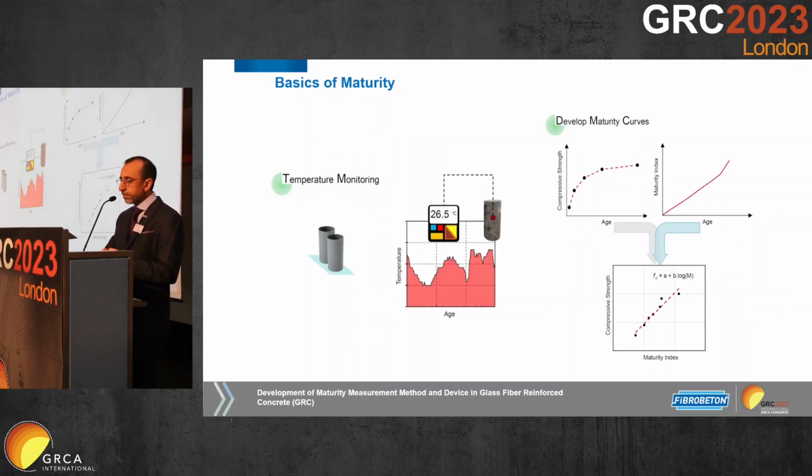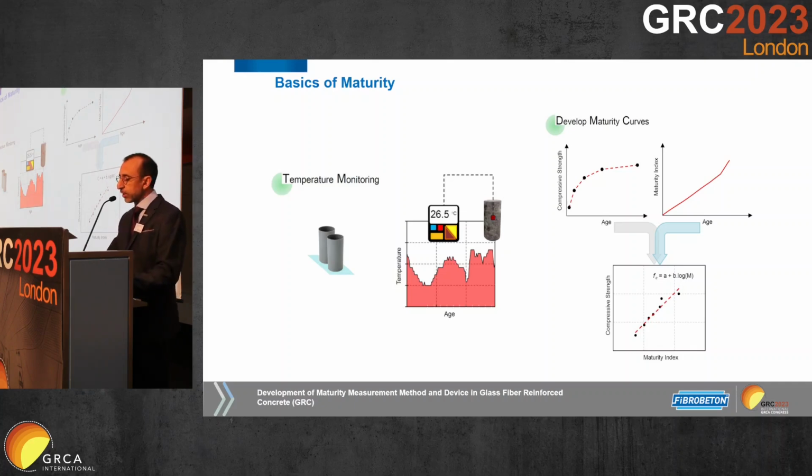Based on the theory of the hydration reaction, there is a relationship between early age and compressive strength gain. Also, there is a relationship between maturity and age, so they can be combined together. Temperature values can be converted into maturity values with time-dependent functions.